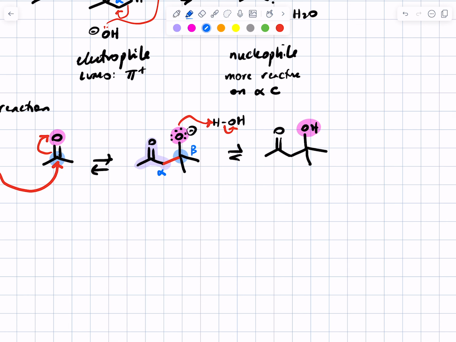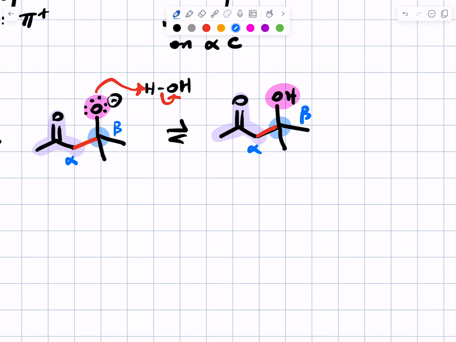Here's the OH group. Here's what used to be the carbonyl carbon. And here's what used to be the enolate nucleophile. Here is the new bond that we made. Here is the alpha and the beta carbons. The structural pattern you're looking for here is this is a beta hydroxy carbonyl compound.